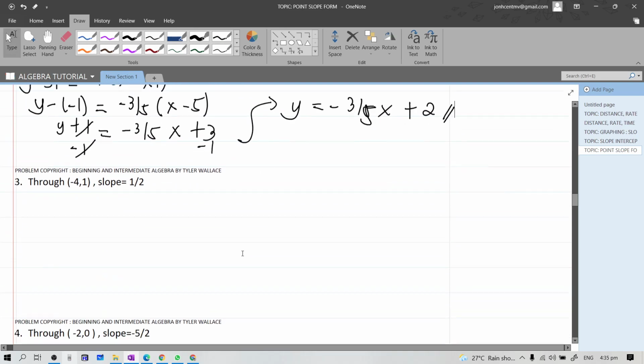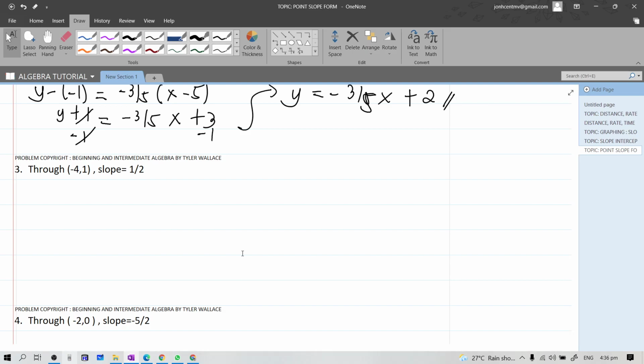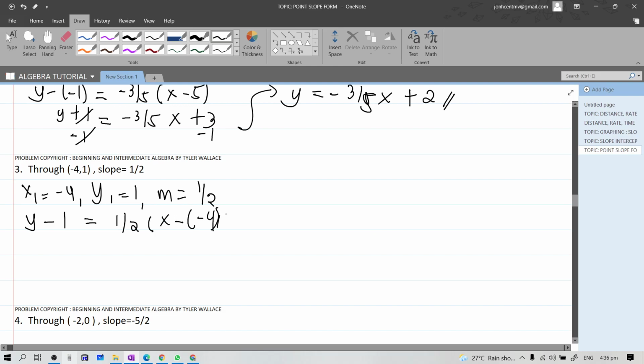So for problem number 3, we have (negative 4, positive 1), slope of 1/2. So that is x sub 1 is negative 4, y sub 1 is 1, and m is 1/2. Then y minus y sub 1 is equal to 1/2 times x minus negative 4.